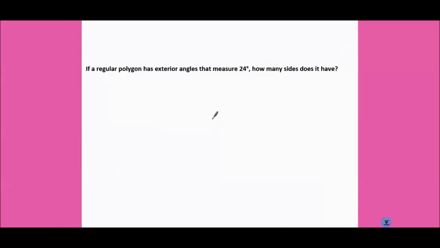What if we know that a regular polygon has an exterior angle of 24 degrees? How many sides does it have? Well, we said if we wanted one angle, we had to do 360 degrees divided by the number of sides, which we typically represent with n. That equals 24 degrees here. So we multiply both sides by n.